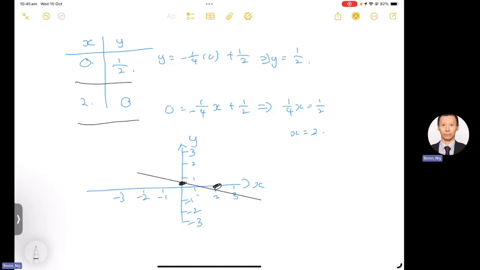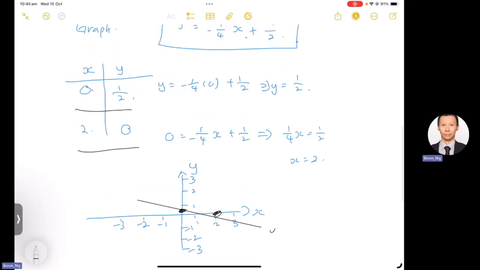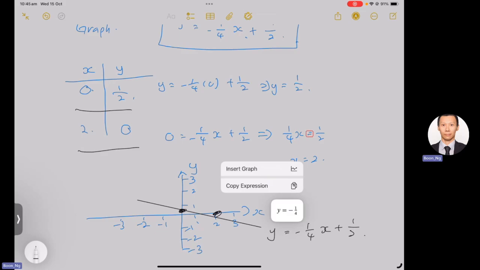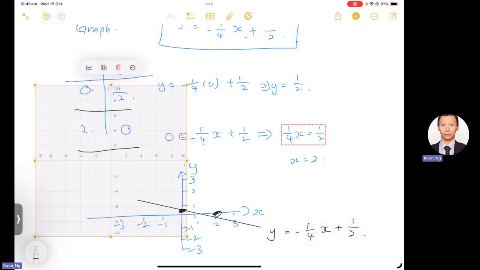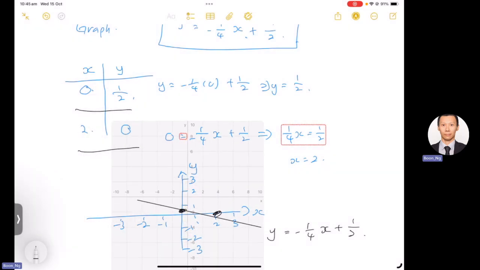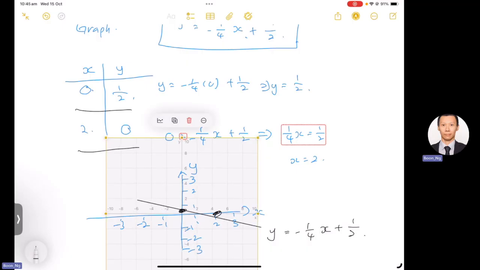Of course, I'm not connecting very well. And we will also have to label this graph. And that is the end. Okay, I can do it this way.